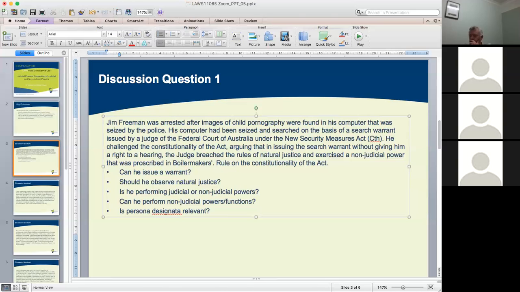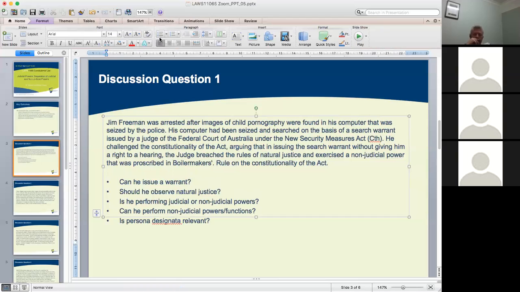Any other comments? So thank you, Peter. Janet as well. Comments? Where are we now? So what exactly are the legal issues here? So we've identified one of the legal issues, and I think it was that in issuing a warrant of arrest, is the federal judge exercising a judicial or non-judicial power?